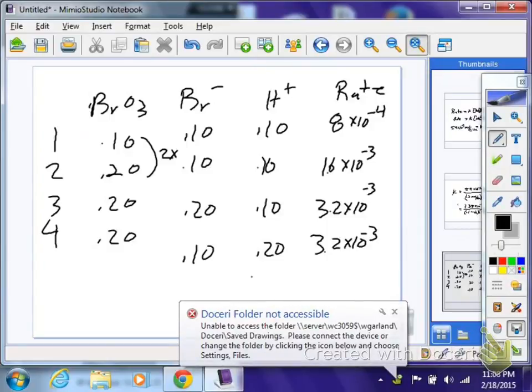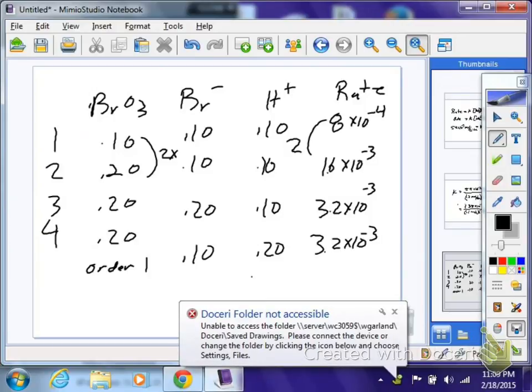So if you take 1.6 to the minus third divided by 8 to the minus fourth, guess what you get? You get 2, it doubles. So BrO3 is an order of 1.